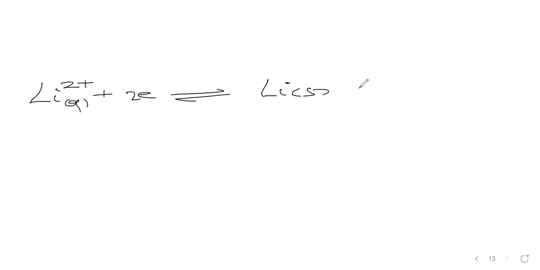So similarly, the electrode potential here was given as negative 3.04 volts. We can write this half cell in this format. We can write it as the lithium. I've made a mistake here. This should be 1 electron and the charge should be 1.